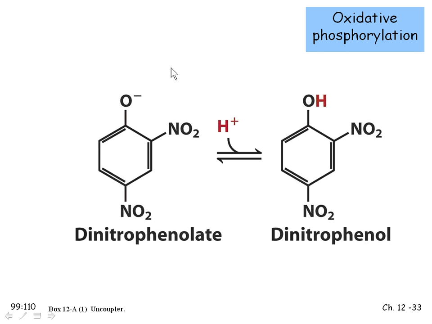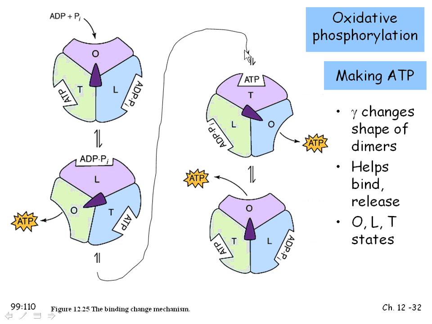So one of the major controls on electron transport is the availability of phosphate. And if you think about this for a bit, you can see why. If we go back just to here, if you're not spinning this around to make ATP, you're jamming the flow of protons coming back out.